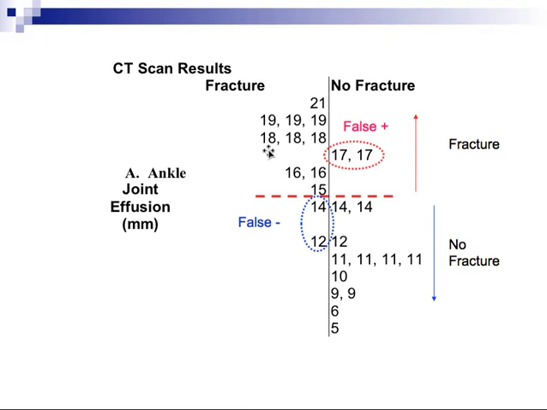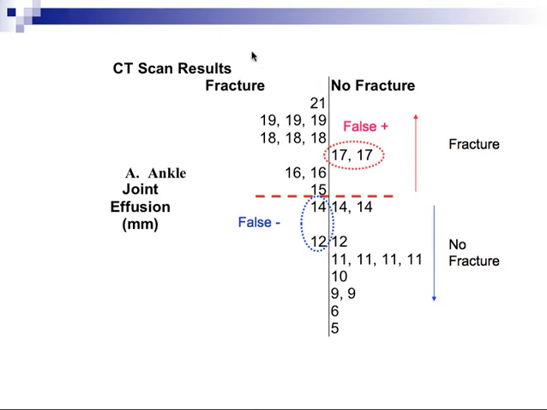So now rather than a rule, we have a measure that we're measuring swelling, and we have a tape measure. We measure it around the ankle, and we have values that vary from 5 millimeters of swelling to 21 millimeters of swelling.